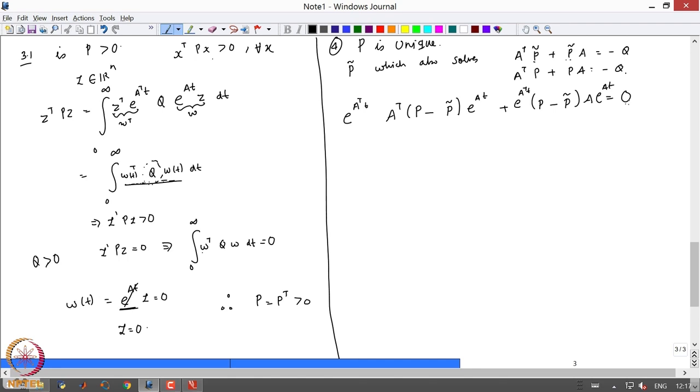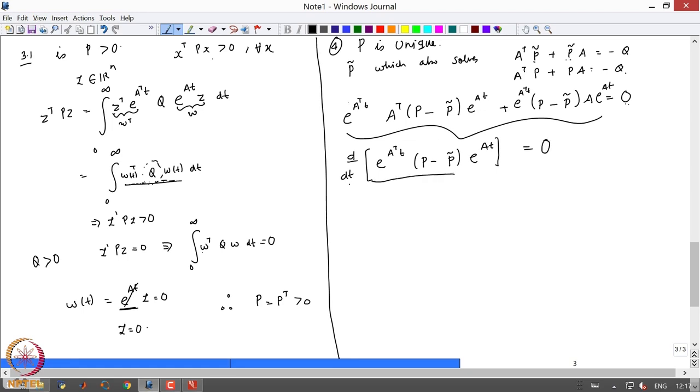So the quantity inside the d over dt of e power A transpose t (P minus P tilde) e power A t, which is essentially what is above, is equal to 0. The derivative of this entire quantity expands to this big expression here. And what do I know of this expression? That this actually is 0.